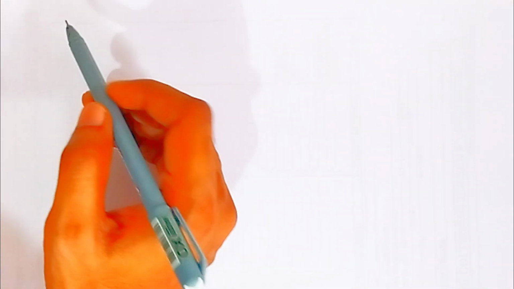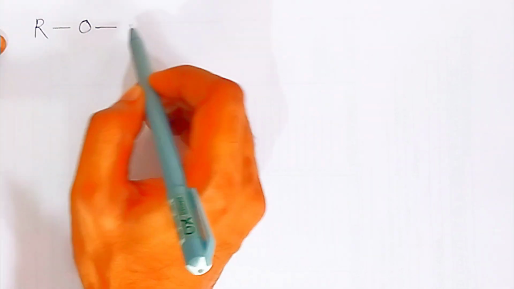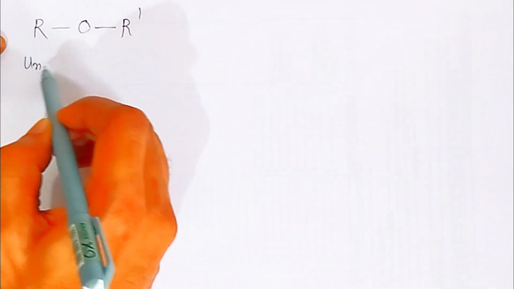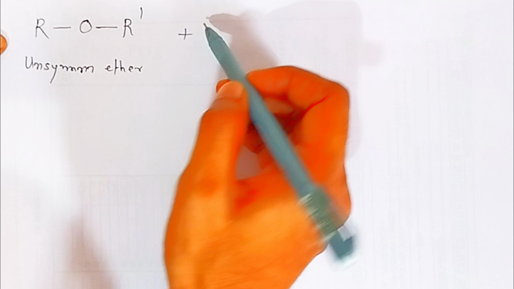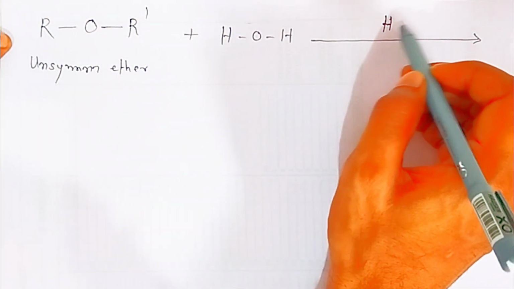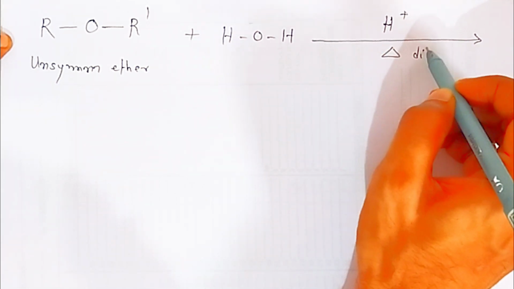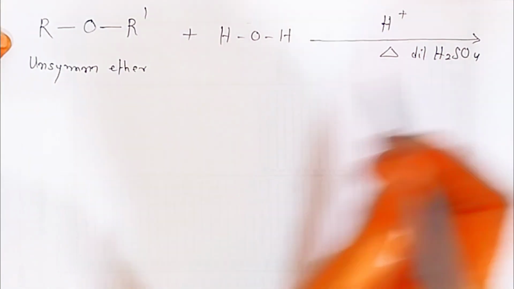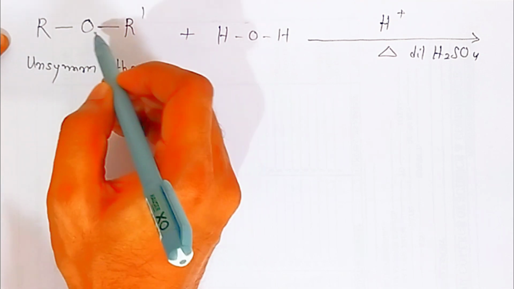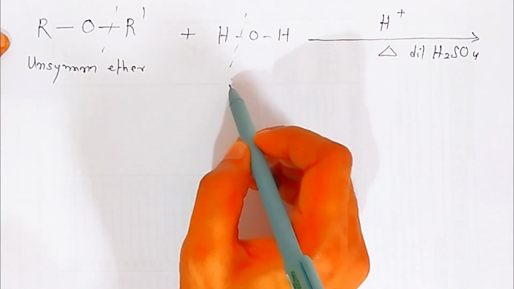Then there is an unsymmetrical ether like this, students. Oxygen has two valencies, one valency by alkyl, the other will be another alkyl. This is unsymmetrical. It combines with water molecules like this. That hydronium ion you can show like this, and just heat it in presence of dilute sulfuric acid. So what happens, students, here also the carbon and oxygen bond will break, and the hydrolysis will take place.